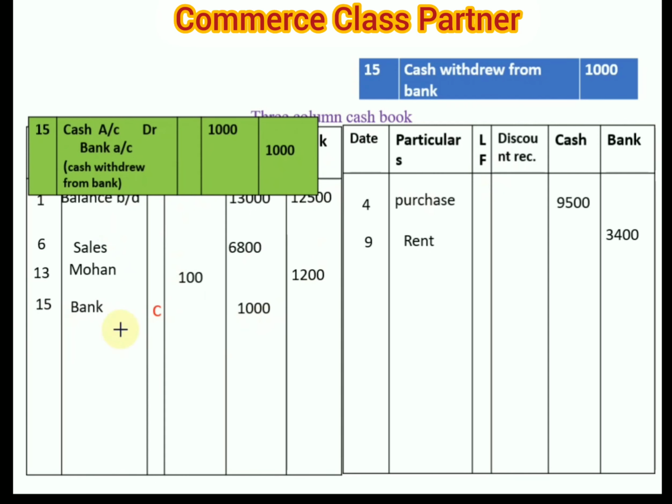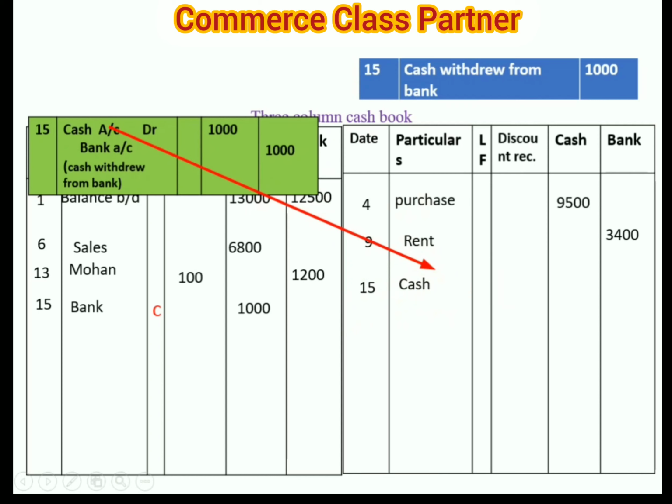Here we have completed the debit side entry, and we have to enter it on the credit side also. On the credit side, take the cash into the credit side. Cash is debited in the journal entry. It should be credited in the cash book.